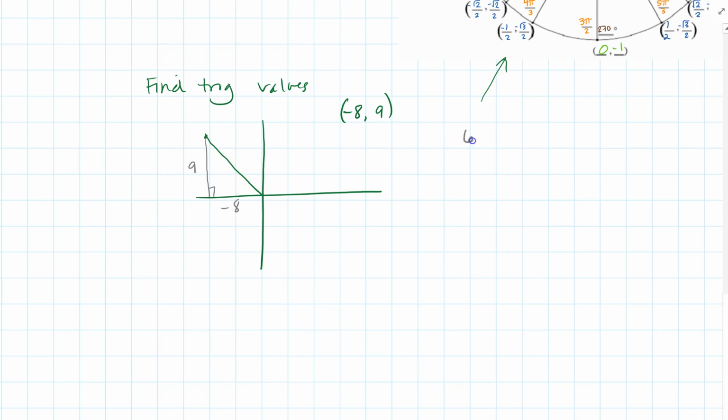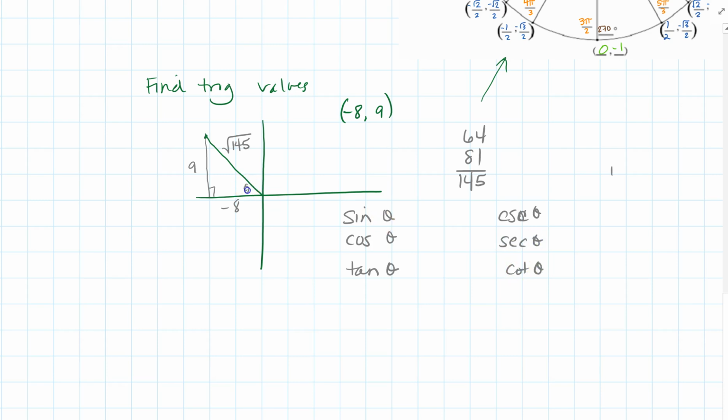So you do 8 squared and 9 squared, and you get, is that 145? Okay, and sadly, 145 does not simplify. So when you do your SOHCAHTOA, and then cosecant theta, secant theta, cotangent theta.